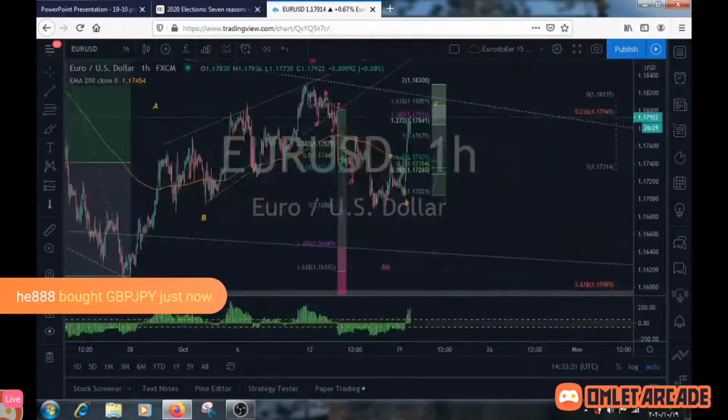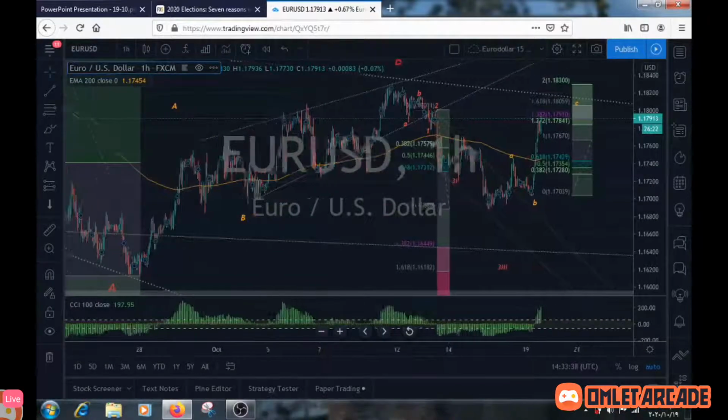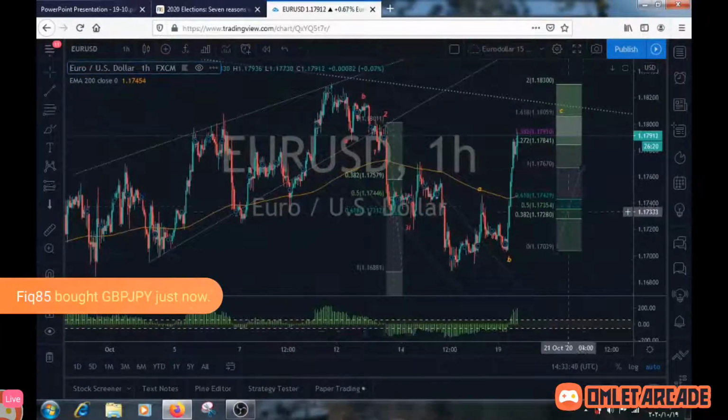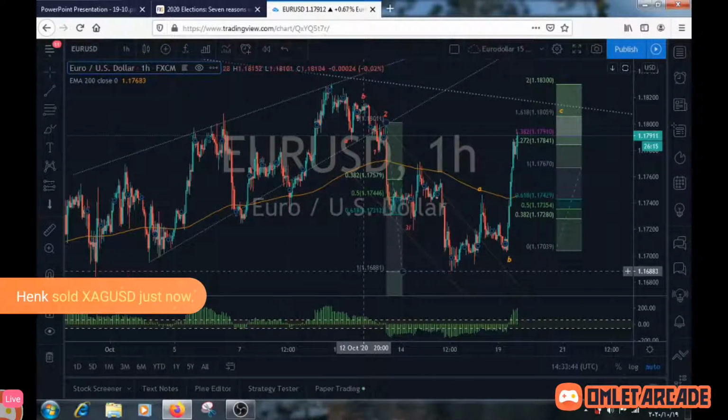So it would seem that Christine Lagarde did a very good job today, because the euro of course shot higher. We would still consider that a correction anyway.